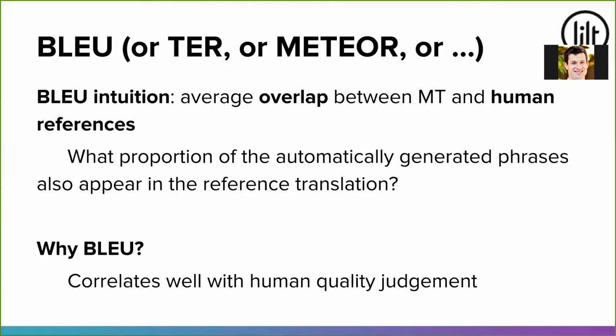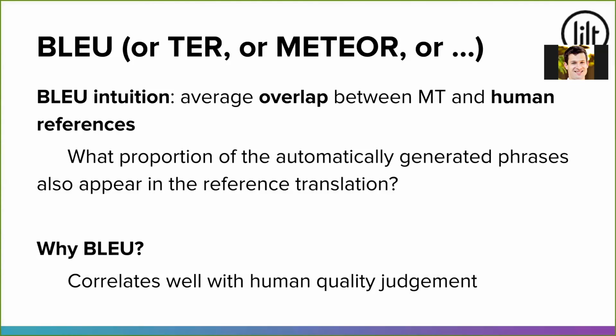And by that I mean you run an experiment like what we're going to do, where you evaluate a bunch of different systems, you get some ranking in terms of BLEU, and then you do a human evaluation, and do the humans arrive at the same ranking? And this experiment has been run lots and lots of times, and people find that BLEU generally gives the same sort of ranking of systems that humans give, and at least as good a ranking as any of the other metrics that people have come up with.